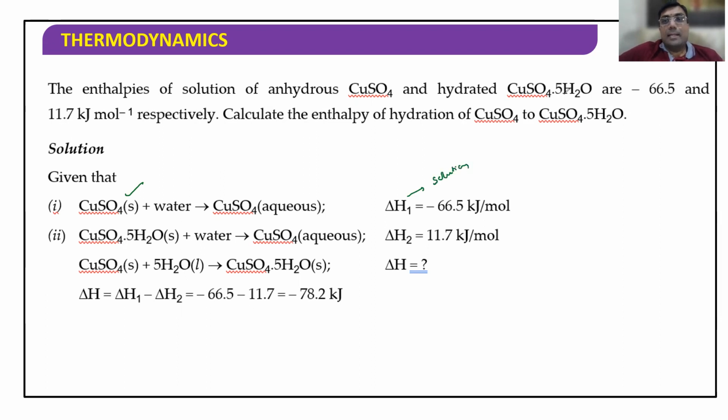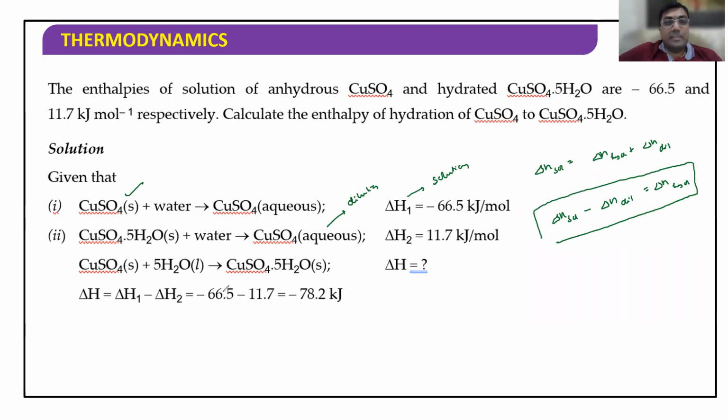Next, hydrated CuSO4 with water, what is this called? Dilution. Very good. Now, what do you have to calculate? Enthalpy of hydration. So solution is equal to hydration plus dilution, and hydration is what you have to find. So how do you get the answer? Solution minus dilution is equal to hydration. So this is the answer.